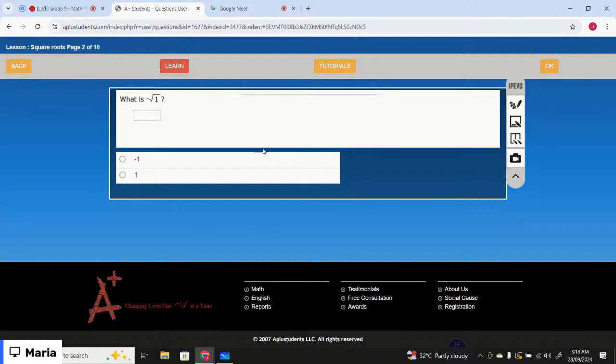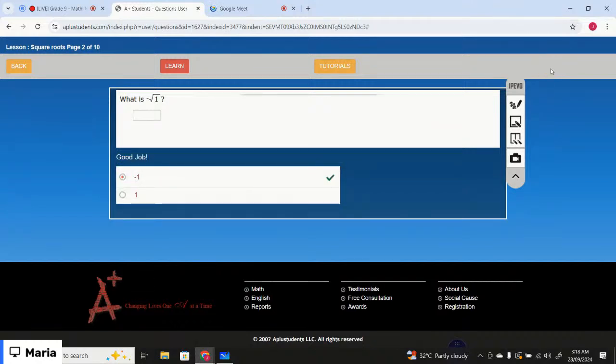You already have a negative sign, so you need to put the negative sign again. That is -1.